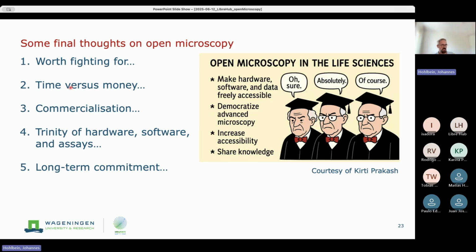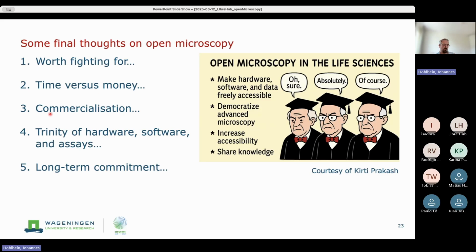Next point is time versus money. In many instances, you have a lot of time on your hands and can develop certain things for your microscopy. Sometimes as a PI, you have a bit of money, and I would rather spend the money to buy something than spend my PhD candidate's time developing something that was already developed.